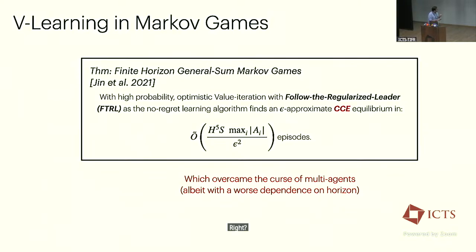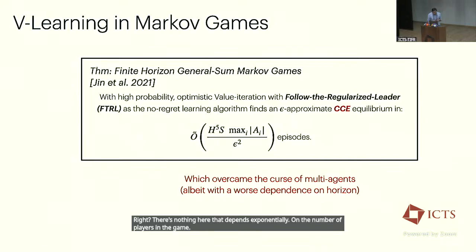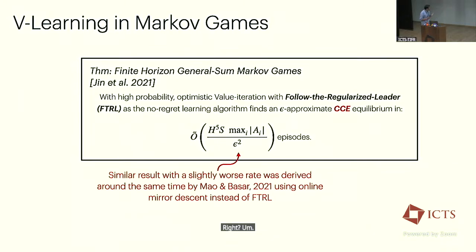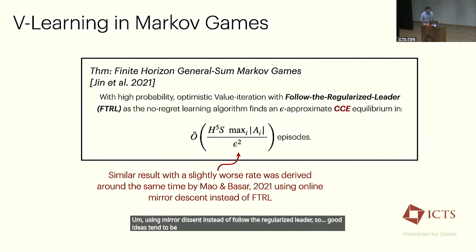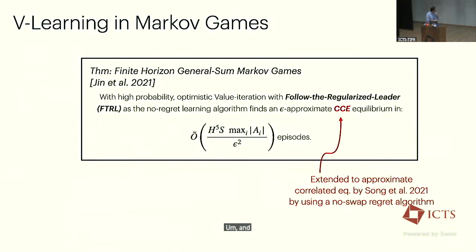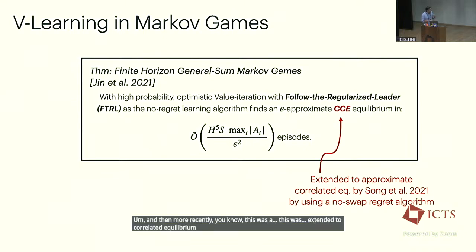There's nothing here that depends exponentially on the number of players in the game, right? And a similar result came out at the same time by Mao and Basar, using mirror descent instead of follow the regularized leader. So good ideas tend to be discovered at the same time. And then more recently, this was extended to correlated equilibrium by using a no swap regret algorithm as the subroutine.